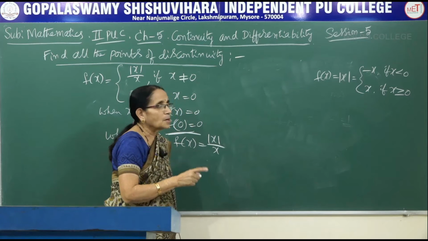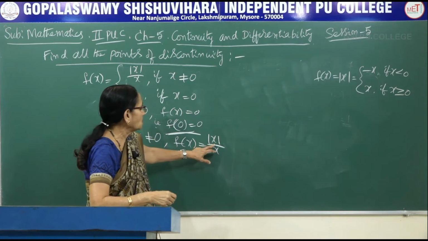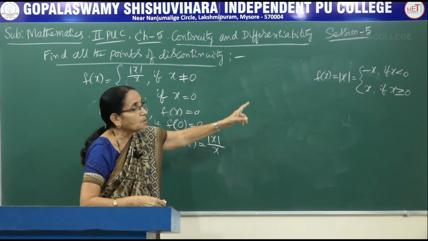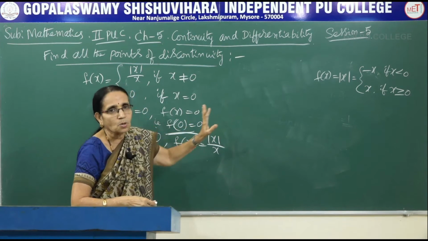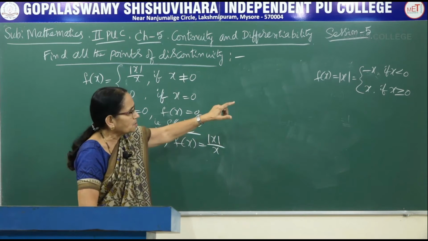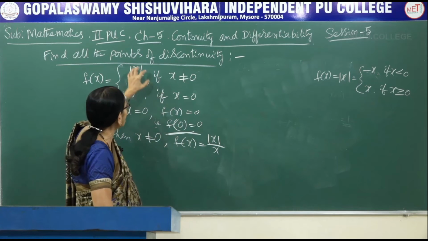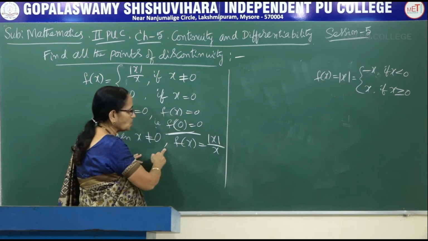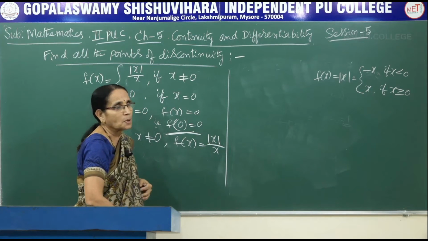That means that when x takes a negative value, it would be equal to minus x. When x takes a positive value, it would be equal to plus x. So that definition of mod x, we have discussed in the earlier case, but there we had only the modulus function. Now here, when x is not equal to 0, f of x is mod x by x.